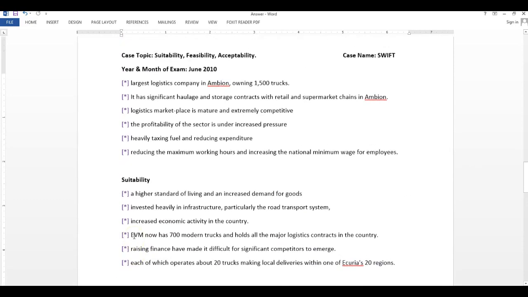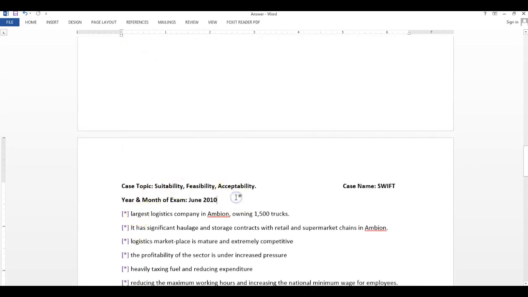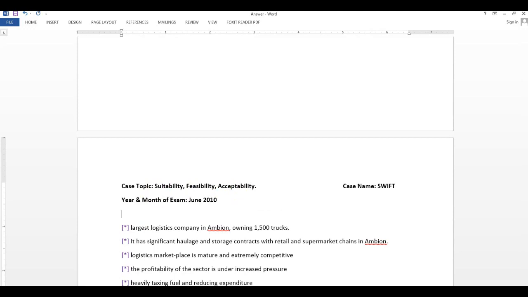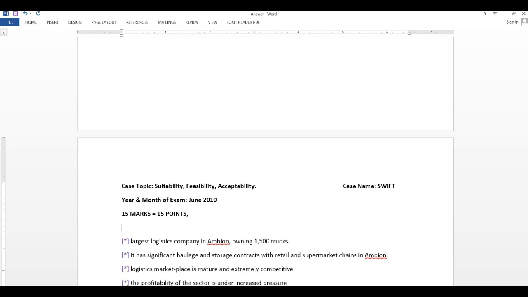So how many points should we have discussed for this answer? We should have discussed around 15 points. It's a 15 marks question, so we should have discussed 15 points, and we have discussed around 17. In an exam, it's always better to add at least 2 points extra to your answer.